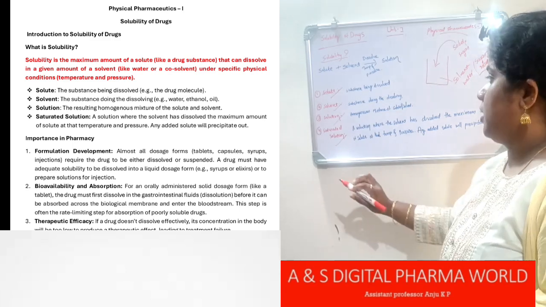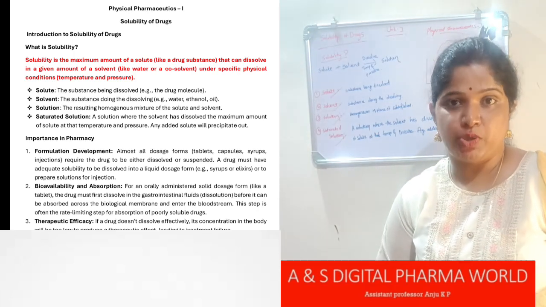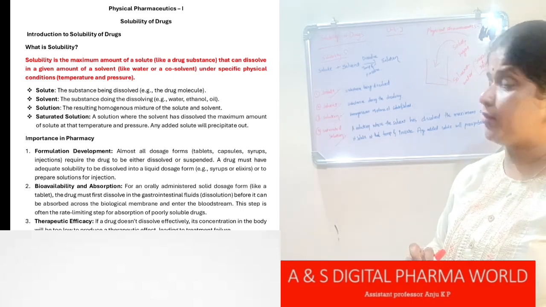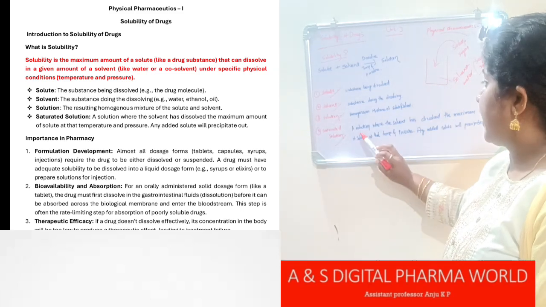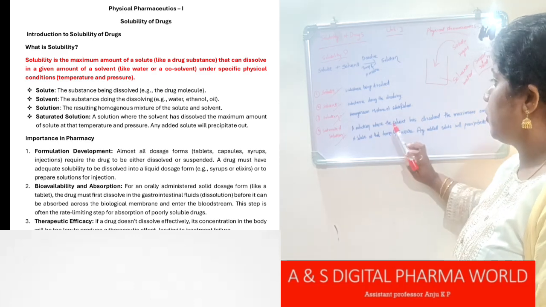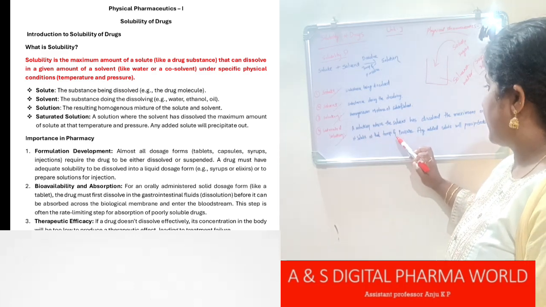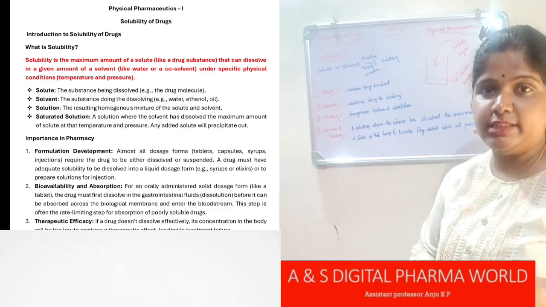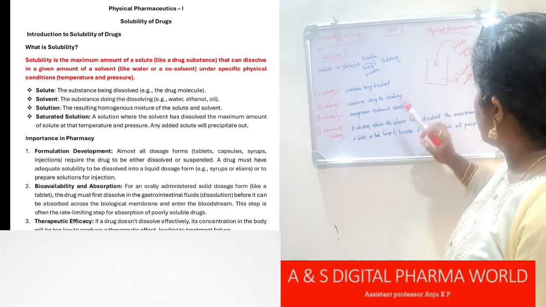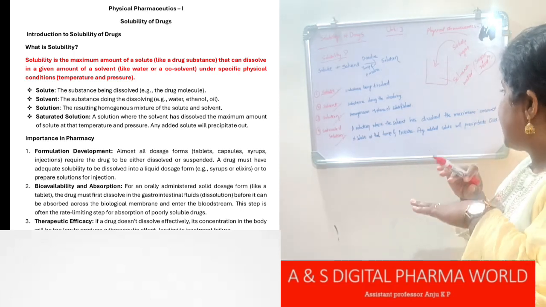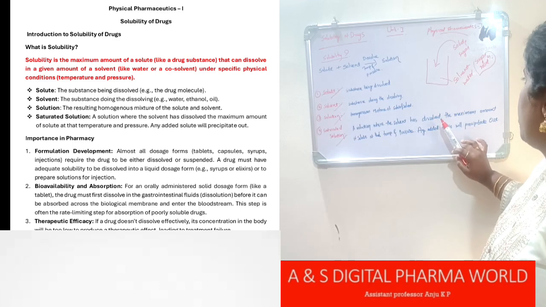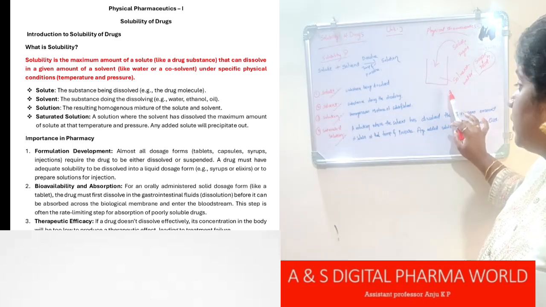So we will call this a sugar solution. What is a saturated solution? A solution where the solvent has dissolved the maximum amount of solute at that temperature and pressure. That means the solution is completely saturated, the maximum amount is dissolved in the particular solvent.